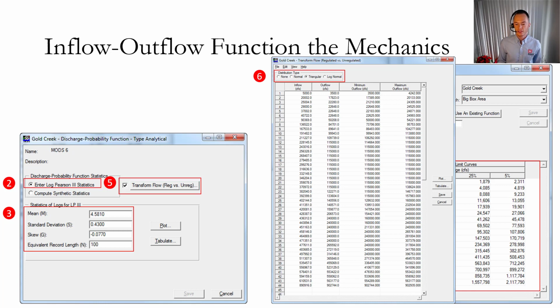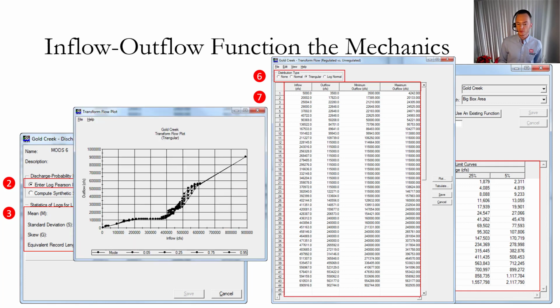And seventh, define the function with uncertainty. In this case, a triangular distribution has been selected, and a minimum, most likely, and maximum outflow has been entered for each inflow. Observe in the transform flow plot that for several levels of inflow, outflow is constant with near certainty.